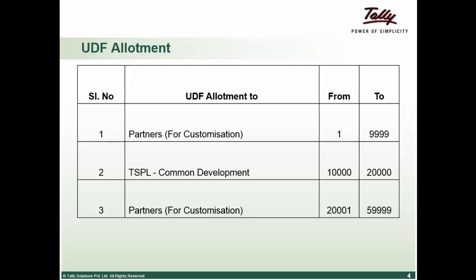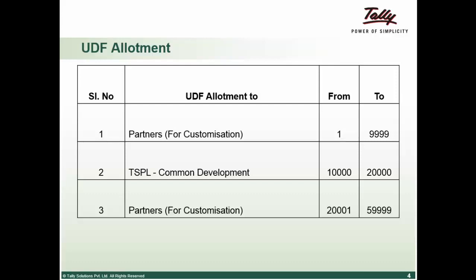That is for our internal development. So any UDF numbers between 10,000 to 20,000 cannot be used by the developer, and the developer has been made that sensitive that it will not allow you to use any UDF number between this, including these numbers. So from 10,000 to 20,000 you cannot use this index number.